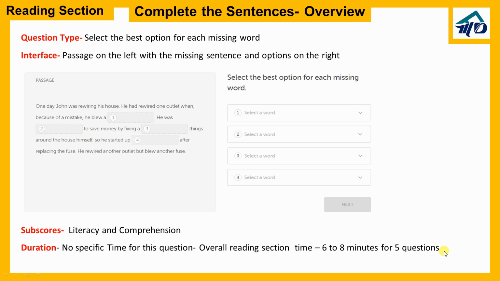Your score in this section will be added to your literacy and comprehension subscore, and there is no specific time duration for this question. Although I'm teaching this question last, you can get this one in the start itself.